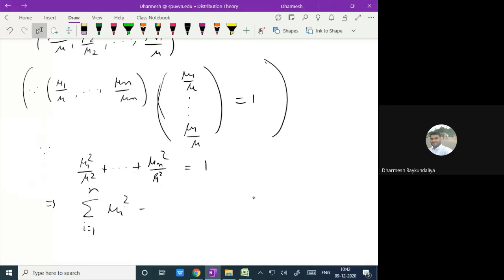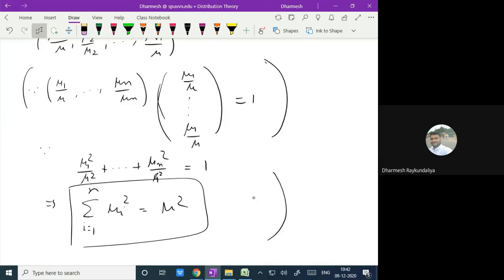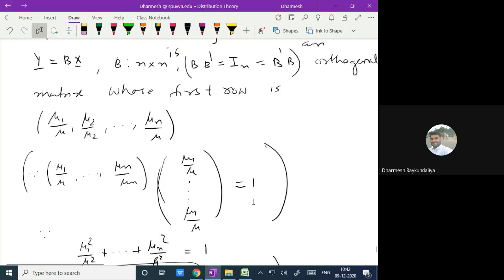equal to mu square. This mu square is constant and we take it on the right hand side. So whose first row is this, with summation i running from 1 to n of mu i square equal to mu square. So why is mu i square summation equal to mu square?